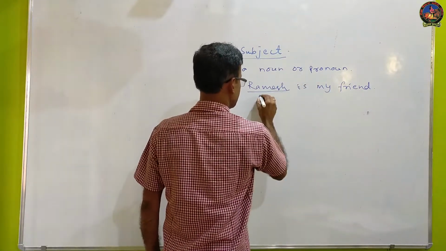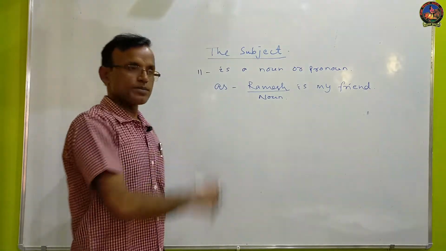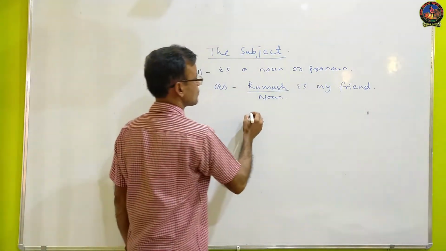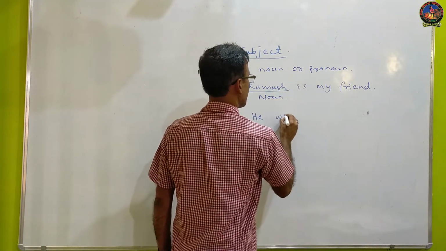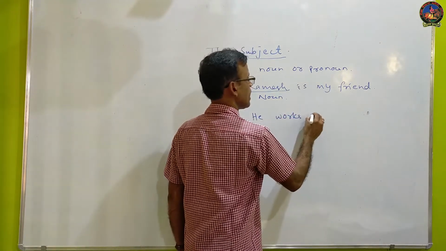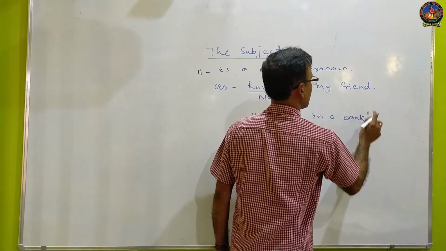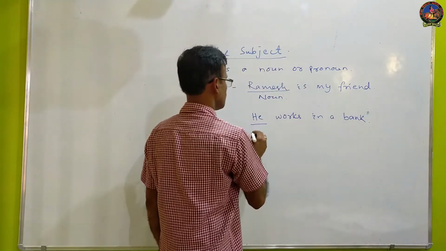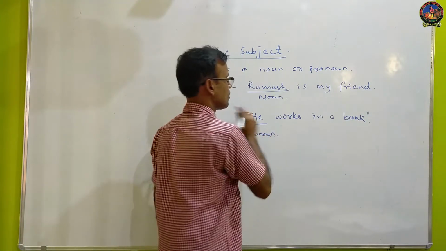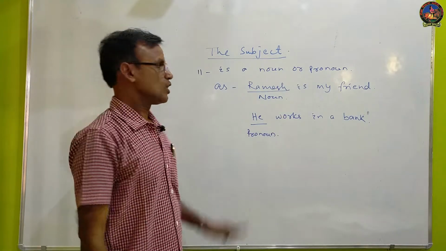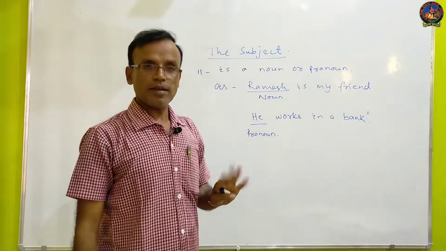So Ramesh is a noun and it is the subject of the sentence. He works in a bank. He is the pronoun and the subject of the sentence. So the subject is a noun or a pronoun.